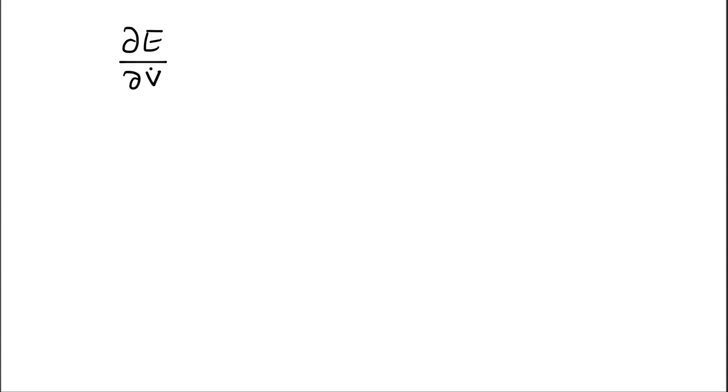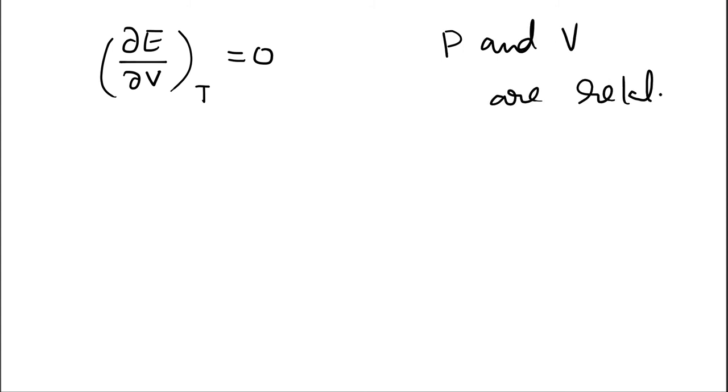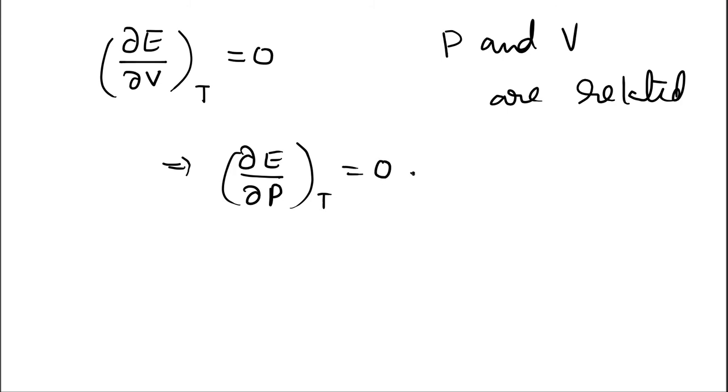The same way we can also prove that internal energy is independent of pressure also. We know this one, and we already know pressure and volume are related. So from this we can also write that dou E over dou P at constant temperature is equal to 0, and these two things will give us one important observation.